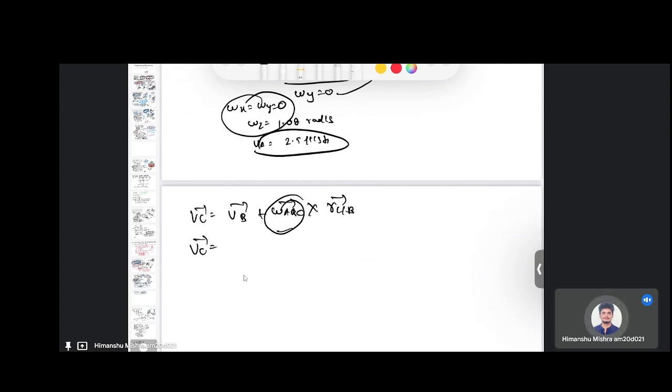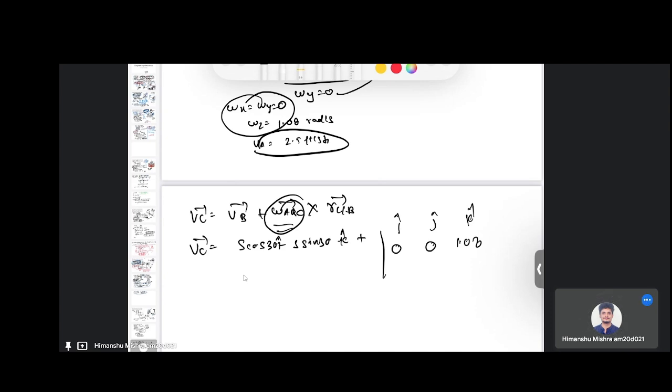So VB we know it's 5 cos 30 minus 5 sin 30, and we also know this quantity. So omega x is 0, omega y is 0 and omega z is 1.08.